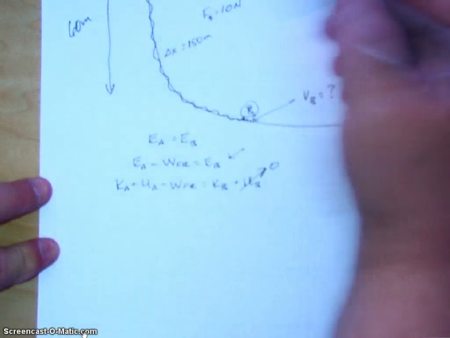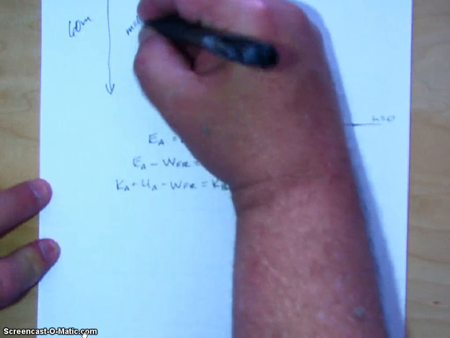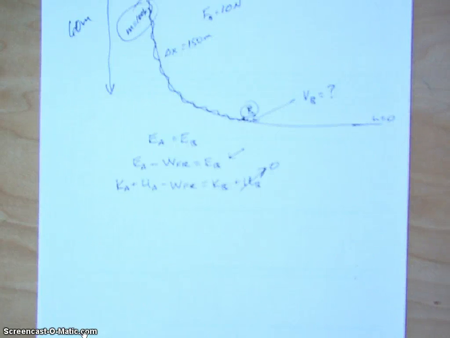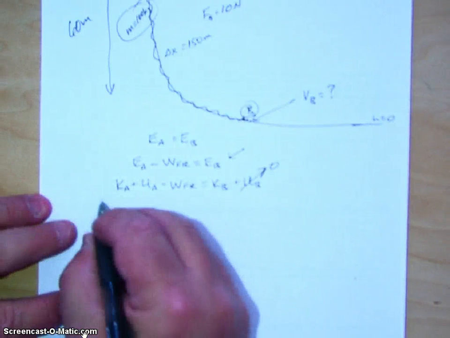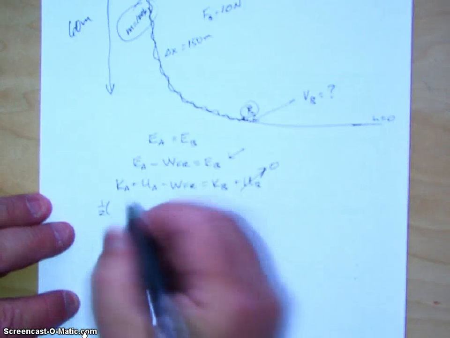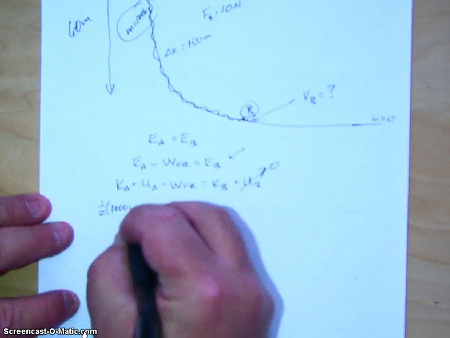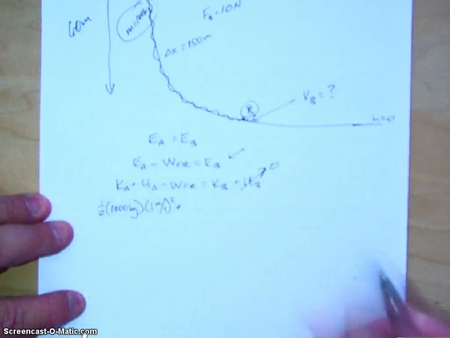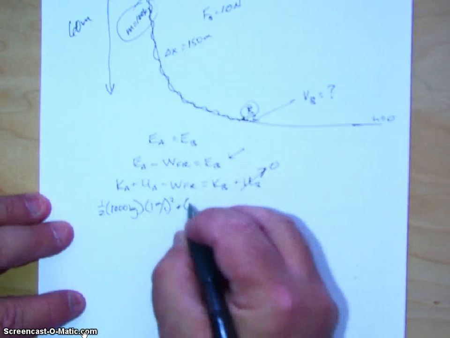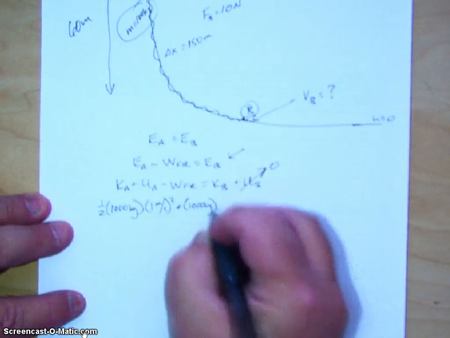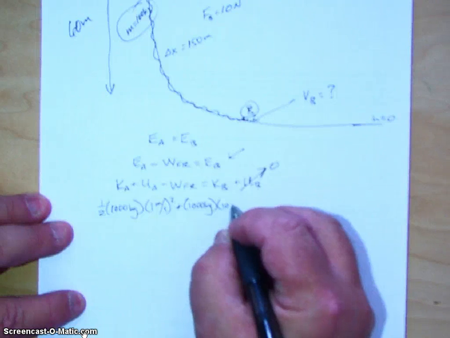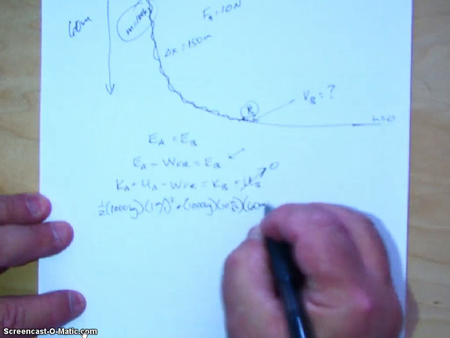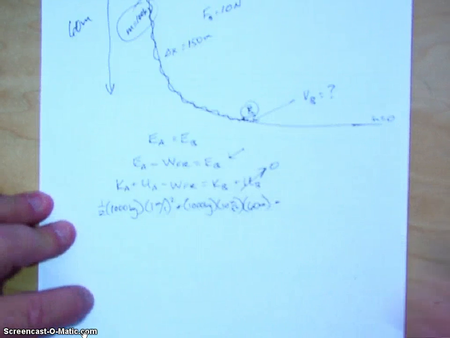Now, I do have to give you a mass of the cart. Let's say the cart has a mass of 100 kilograms. It's just a kind of a small playground or carnival style roller coaster. So I'm going to have 1/2 mv squared, times 1 meter per second squared, plus mgh, which is going to be 100 kilograms times 10 meters per second squared times 60 meters, minus the work done by friction.